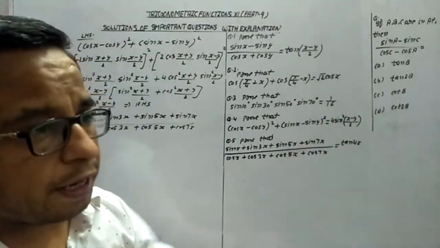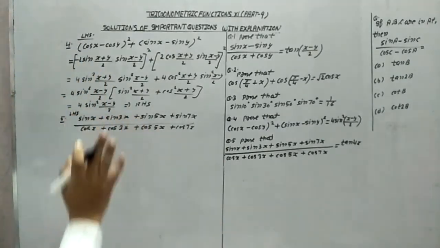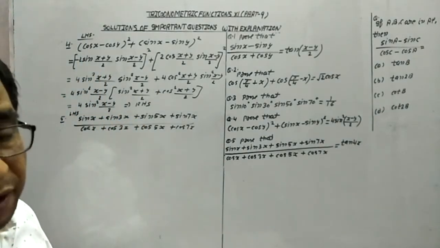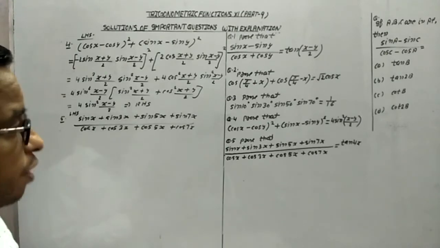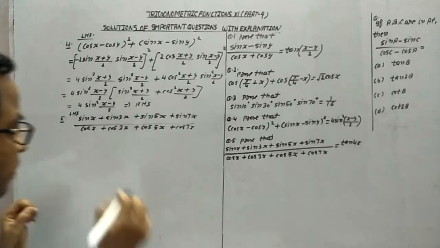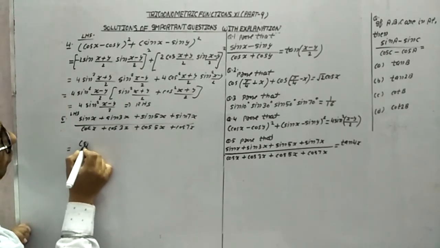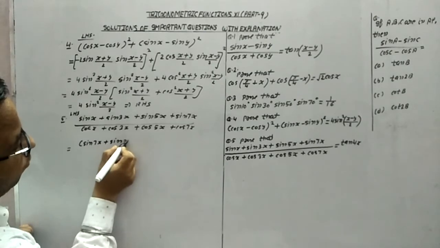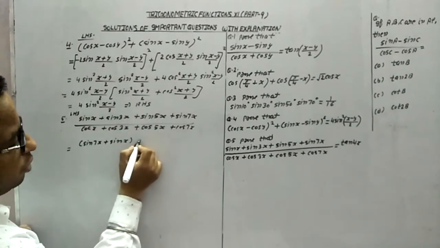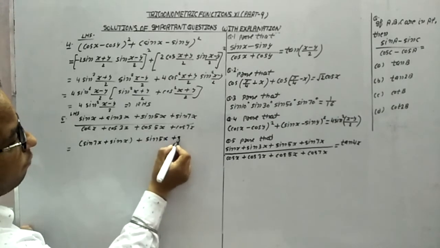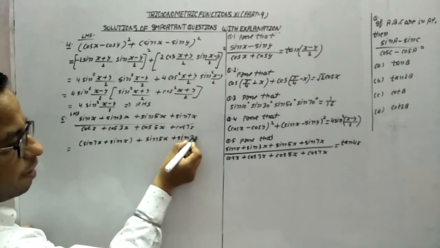Because of 4x, we will combine only those terms whose angle sum is 8, because when divided by 2 it becomes 4. We are observing 7x plus x is equal to 8. So we will select sin 7x plus sin x, and automatically the other pair is sin 5x plus sin 3x.